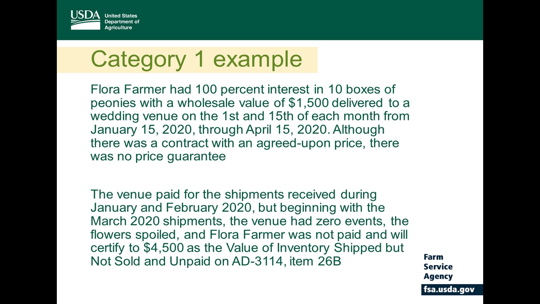The venue paid for the shipments received during January and February 2020, but beginning with March 2020 shipments, the venue had 0 events. The flowers spoiled and Flora Farmer was not paid and will certify to $4,500 as the value of inventory shipped, but not sold and unpaid on the AD 3114, item 26B.